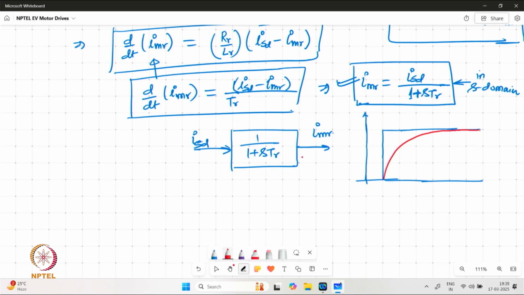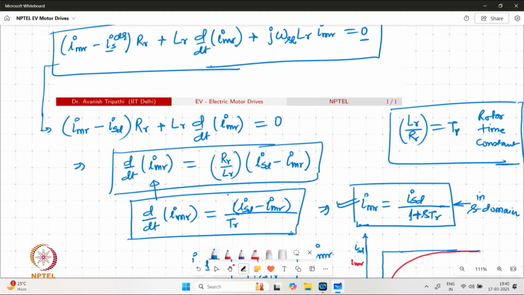There is a time lag involved with the flux value. And this is where we need to understand that more the value of time constant is, higher the time for settlement in the flux is going to be there.